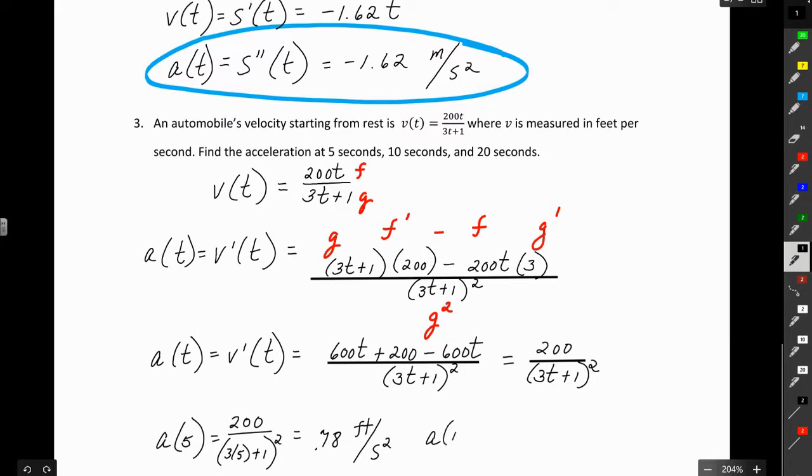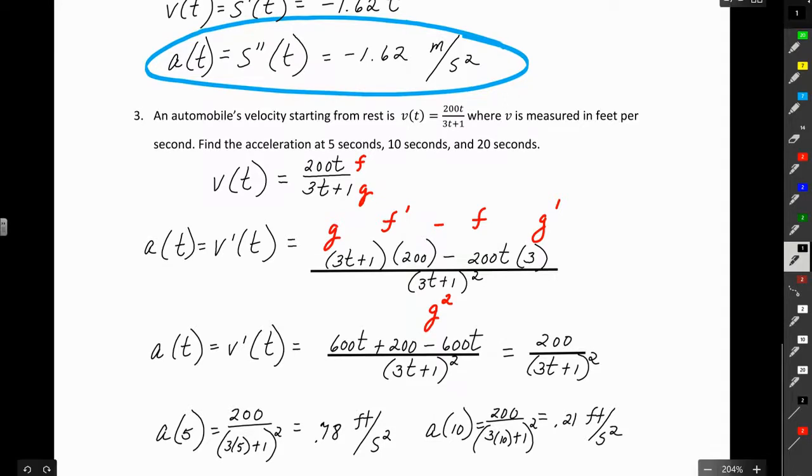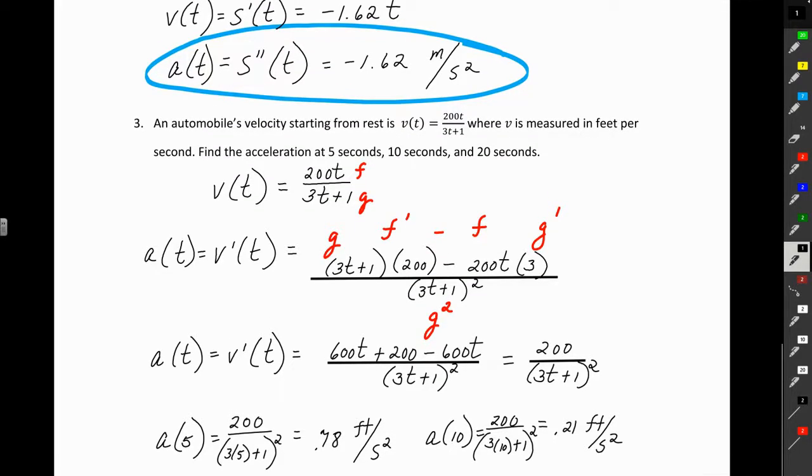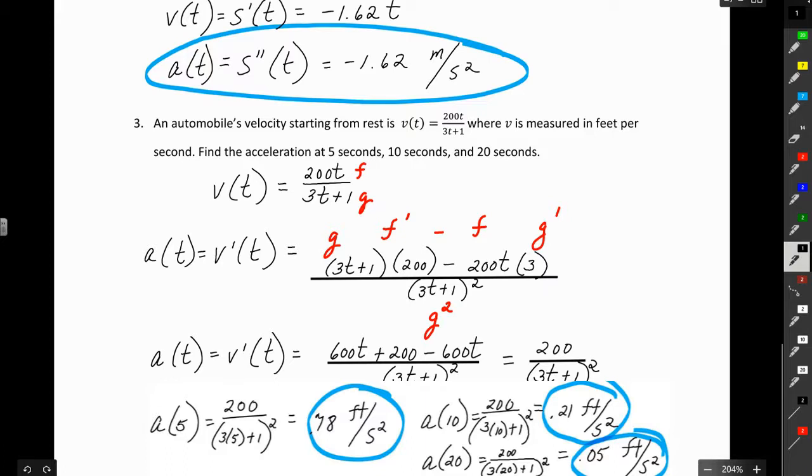Input it for 10. We input 10, we get 0.21 feet per second squared. And then now we'll input it for 20. And when we input 20, we get 0.05 feet per second squared.